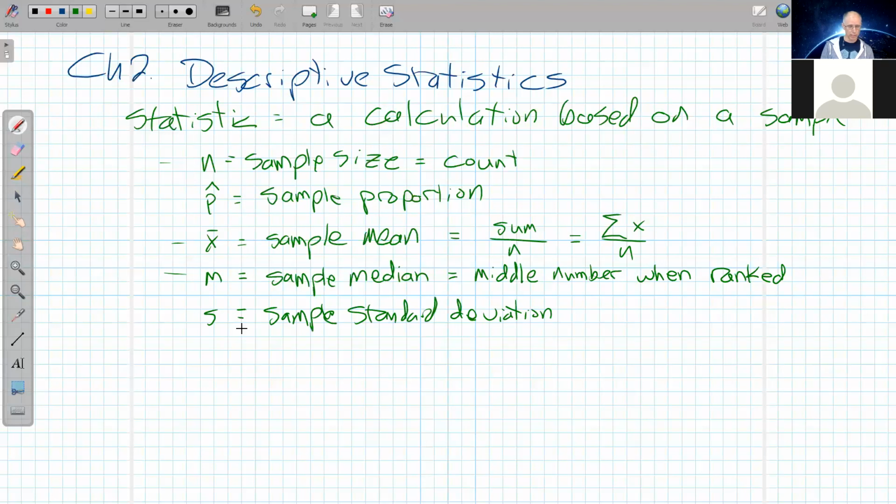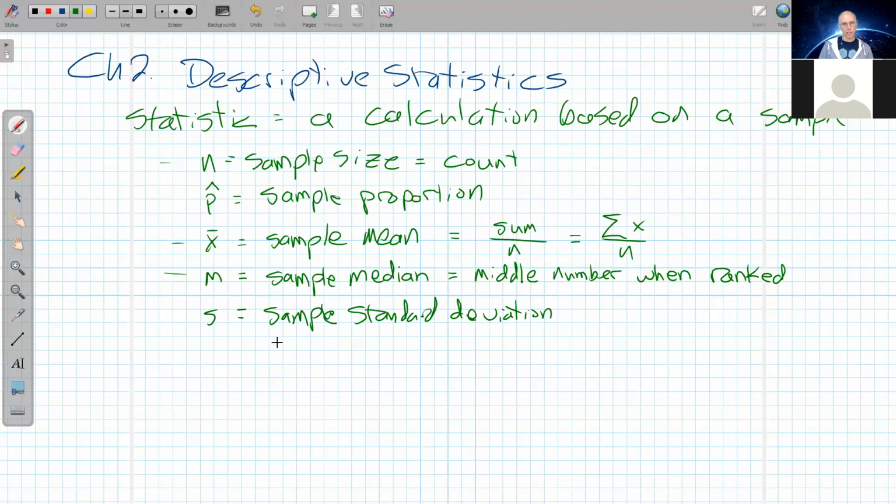I'll go over it in a little bit, but the way to think about it, it's the average spread of the data from the mean. When you measure numbers, they're not always average. Some people are above average and some people are below average, and they could be really far from average or really close to average. And the sample standard deviation tries to put that all together into a single number.